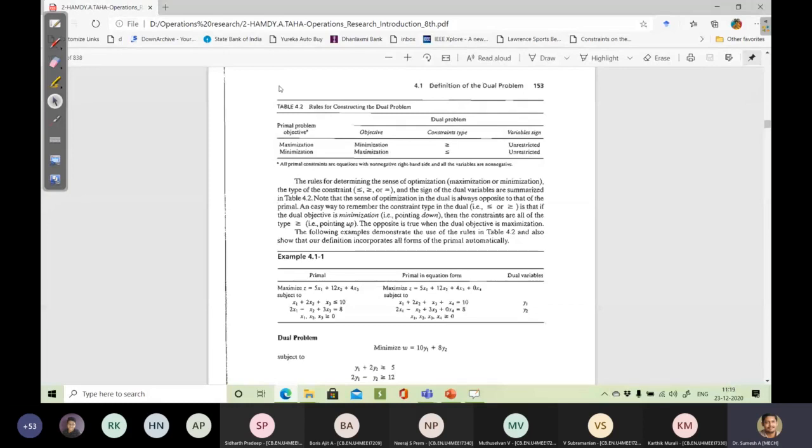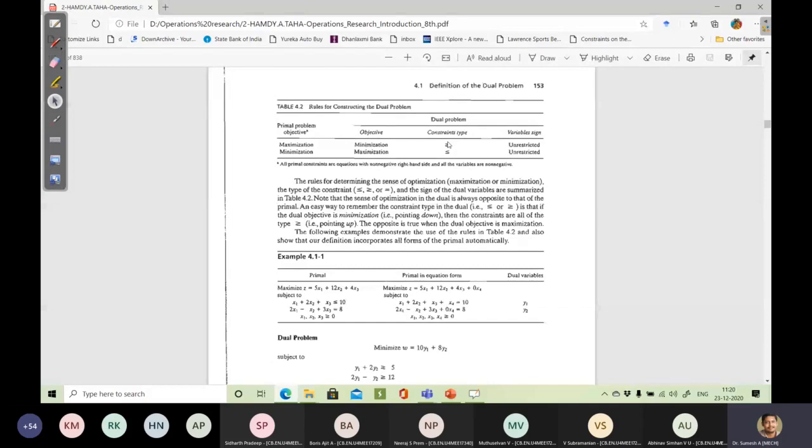You can see over here the objective function of primal, if it is maximization, is given as maximization. If it is maximization, the dual objective is minimization. If your primal objective is minimization, your dual objective will be maximization. It is vice versa. Similarly for constraints, when you are solving the dual, it will be vice versa.